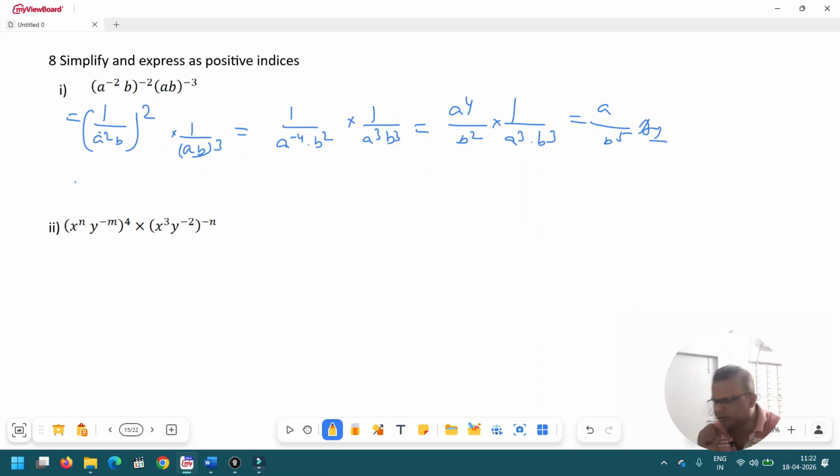Now consider this question. X का power n into y का power minus n का whole 4 into x का power 3 into y का power minus 2 का whole minus n.